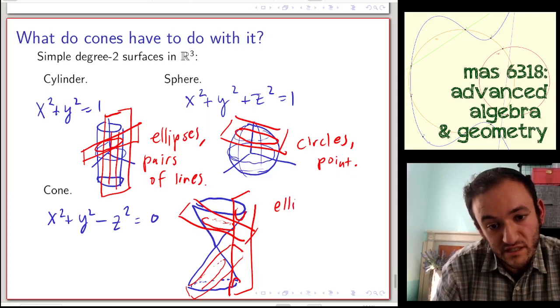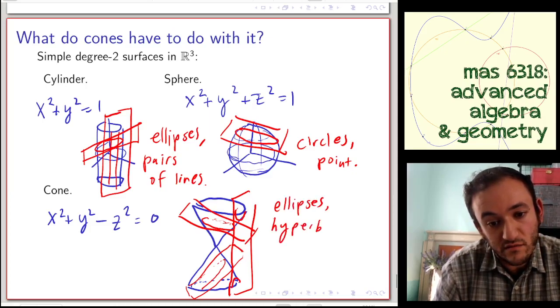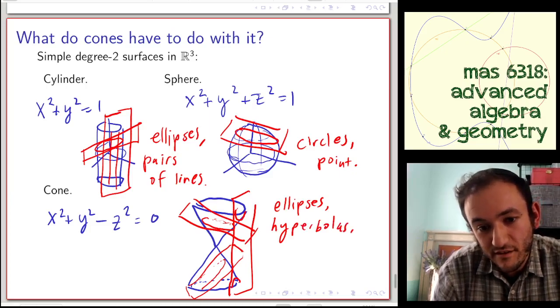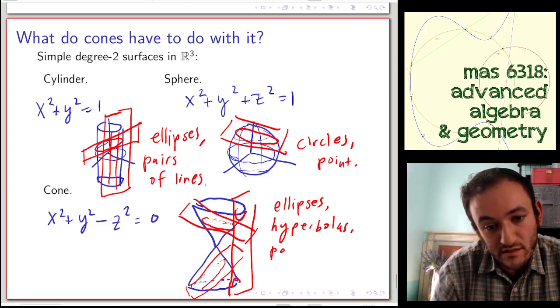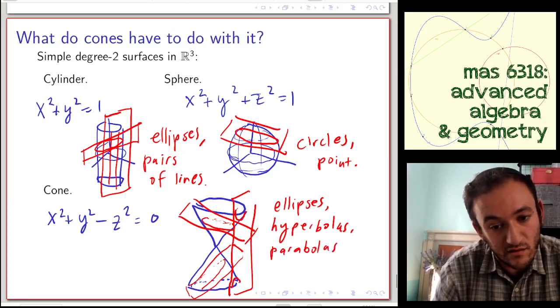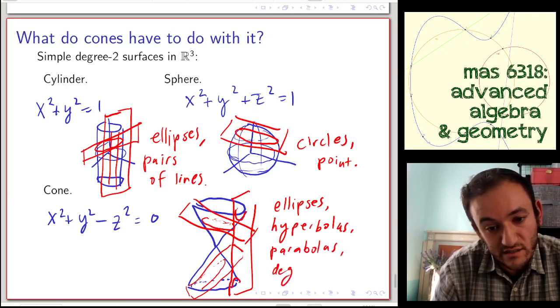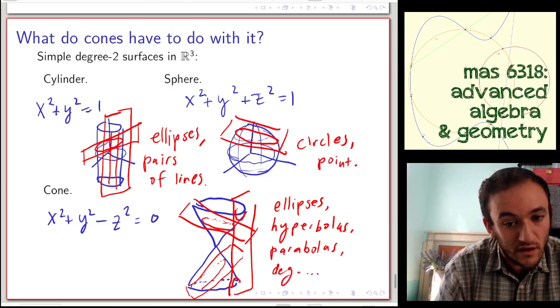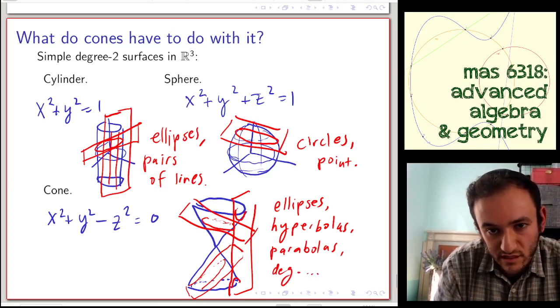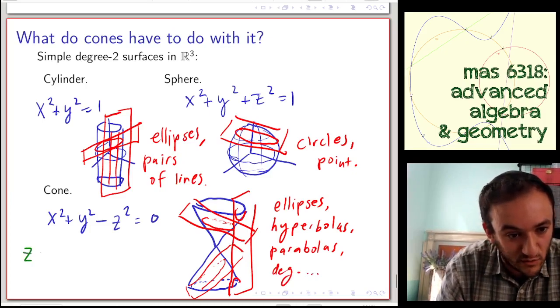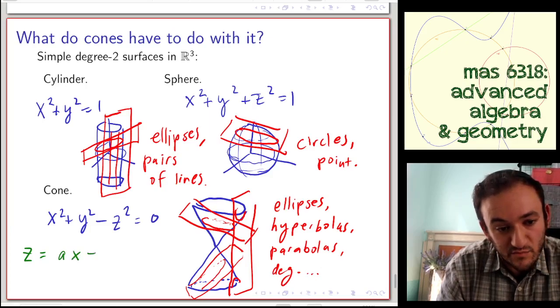So ellipses, hyperbolas, parabolas, and then degenerate conics. The key here to understand is we're making the substitution z equals ax plus by plus c.